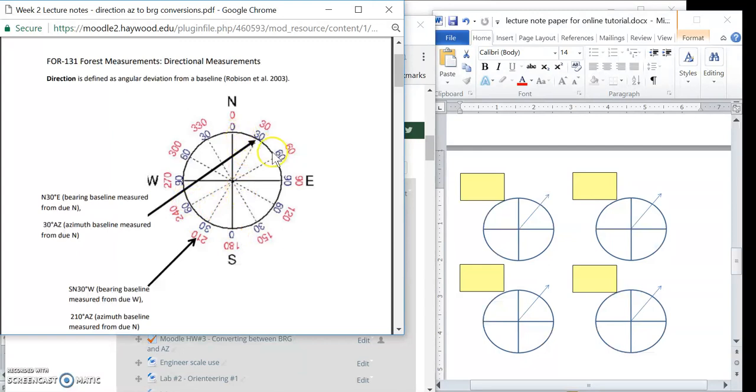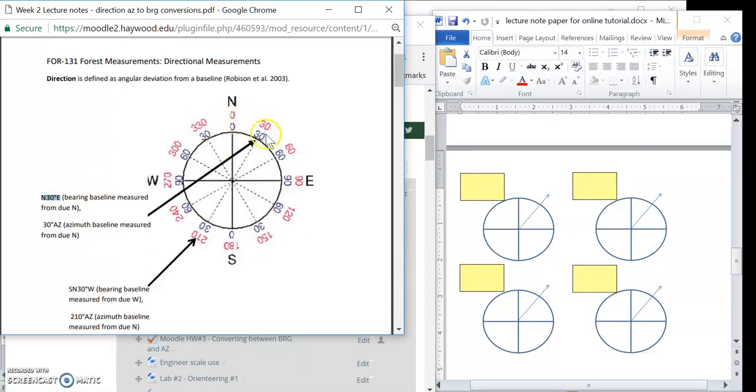That's why when we describe a bearing, we have to write it in that format, because that tells us where we started from, either north or south, and then the angle that we turned into which direction. Again, that's the correct way that you would write a bearing down.